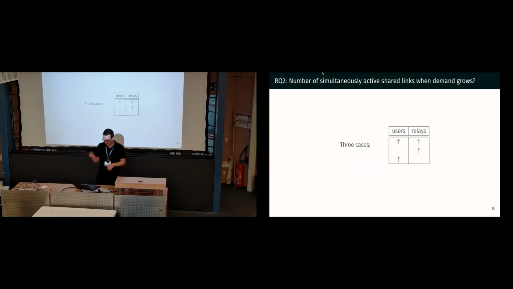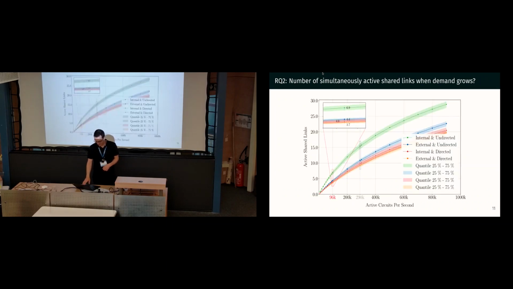If the number of relays grows, then that would be the same: the number of active shared links would also go down. And we focus on the last part, where the number of users grows faster than the number of relays.